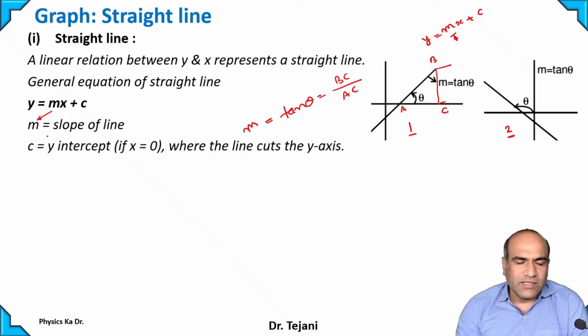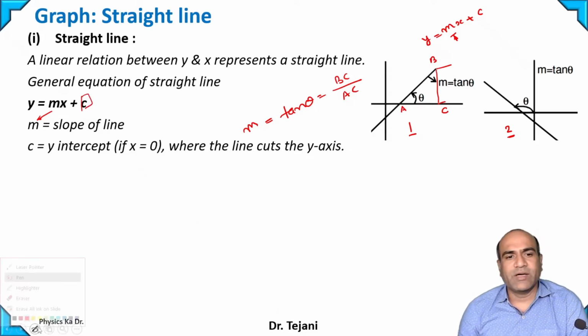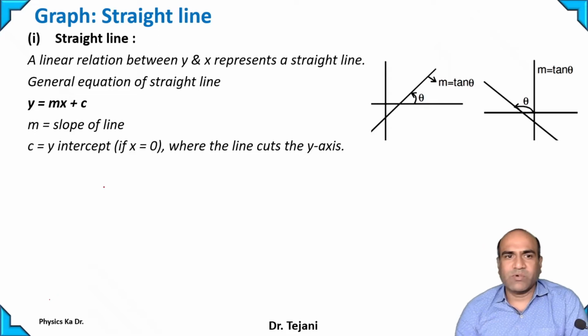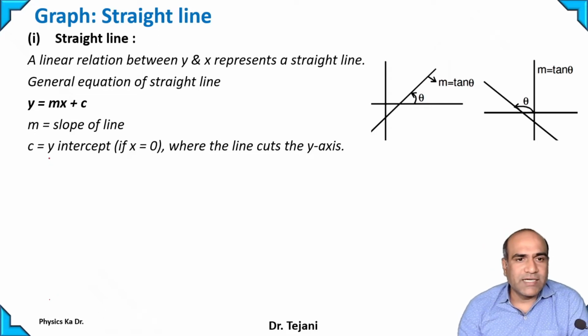And c is another constant. We know that c is a constant, but it is also known as the intercept, or to be precise, the y intercept. Not "why", it is y.